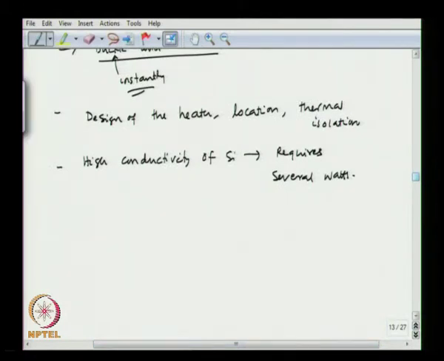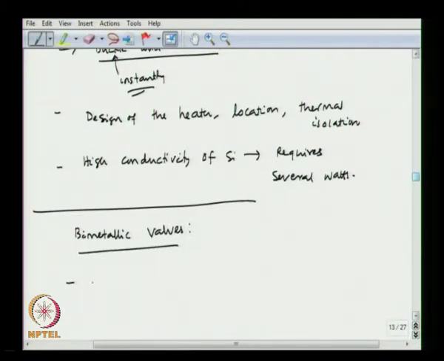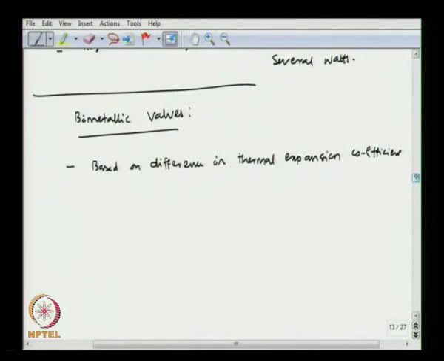So, we talk about bimetallic valves. The bimetallic valve is based on the difference in thermal expansion coefficient between two metals, or it is also known as a bimorph.